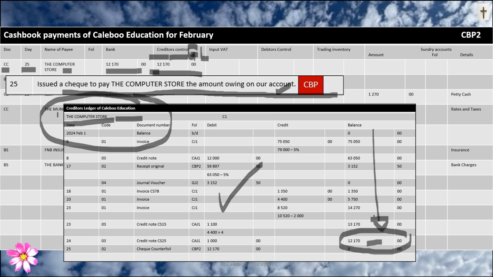In the creditors ledger, we will have all the individual accounts, the computer store and whoever else we buy from on credit. I just thought I'd throw that in there. But what we did here in the cash book payments is we've put the amount under bank and put the amount under creditors control.